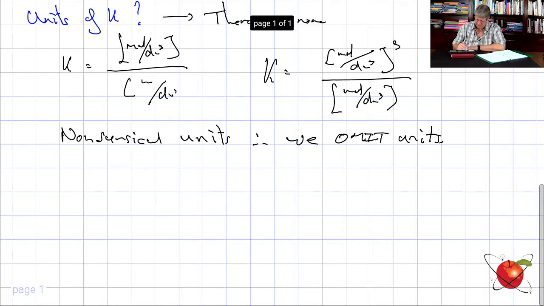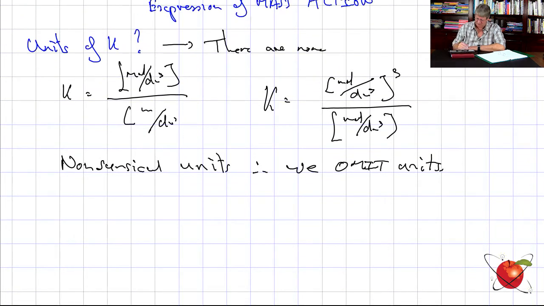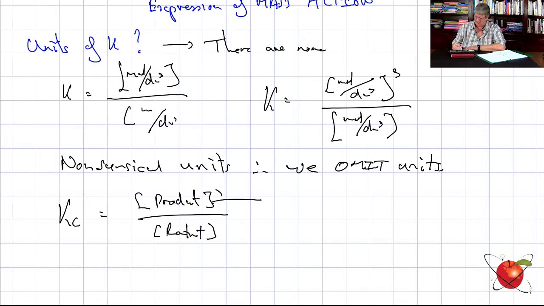If they give you the concentration of product squared divided by concentration of reactant, you would calculate that, and divide. If you had different products, you just plug it into that formula and you would divide it.